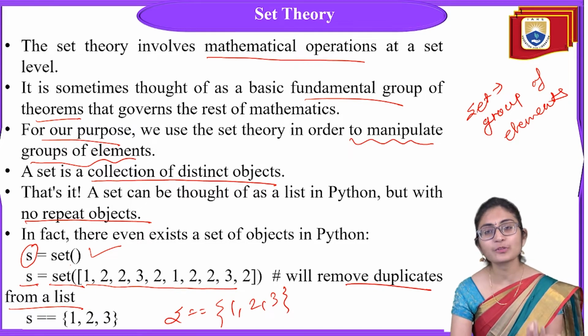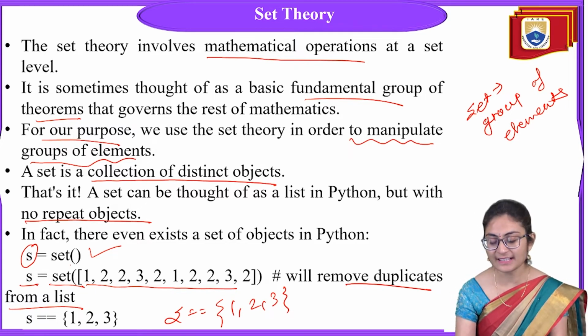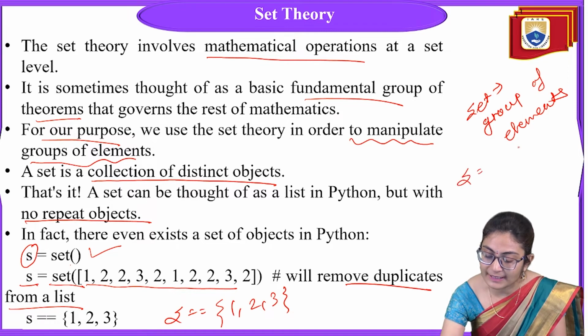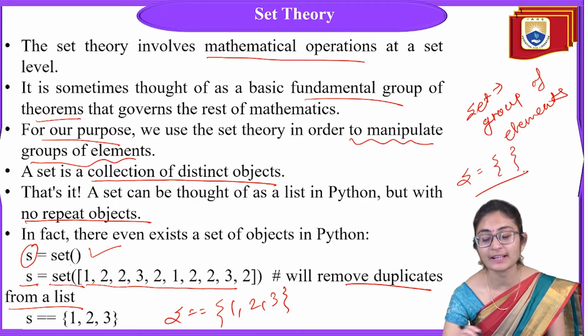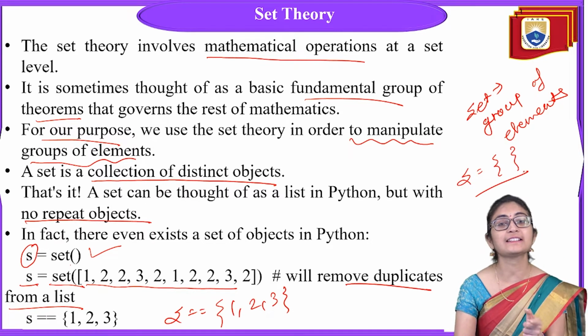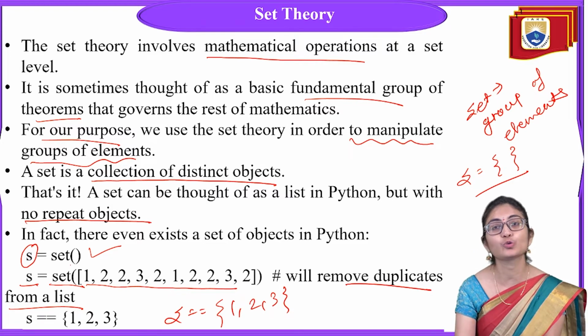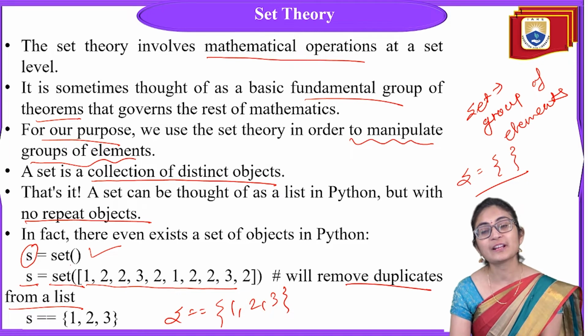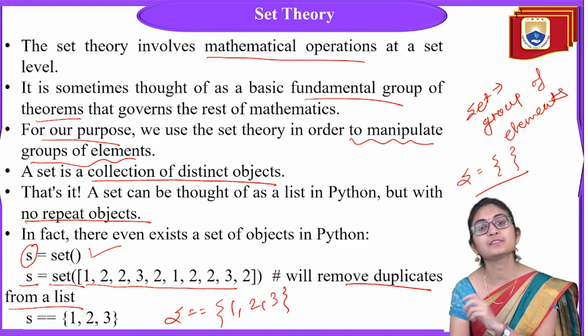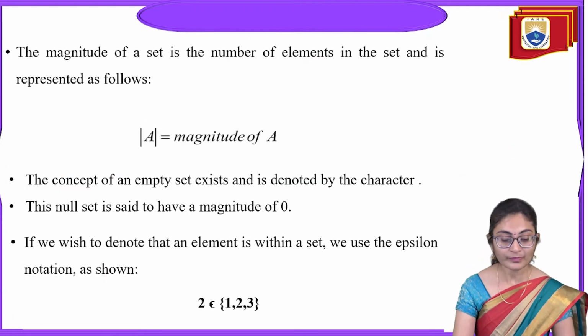When we talk about a set, we write the set in curly brackets, and without curly brackets a set is incomplete. So we need to use curly brackets and put the values in between them.